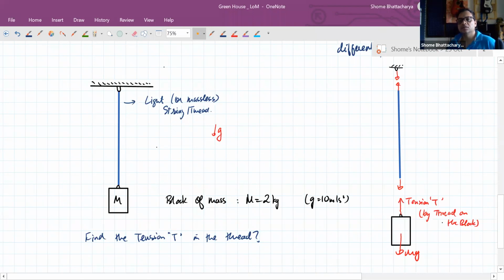And this downward force here, this is again tension by the rope or by the thread on the hook. And this R is the reaction force to the tension, action reaction, that principle.